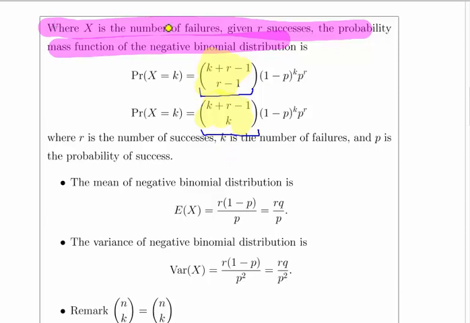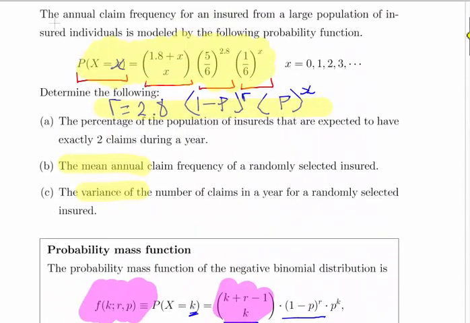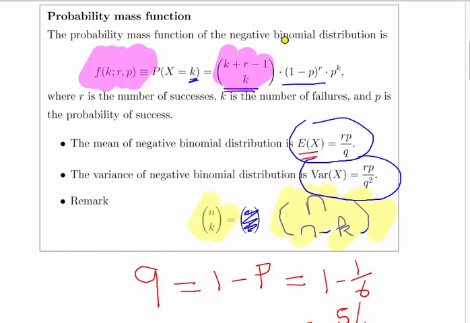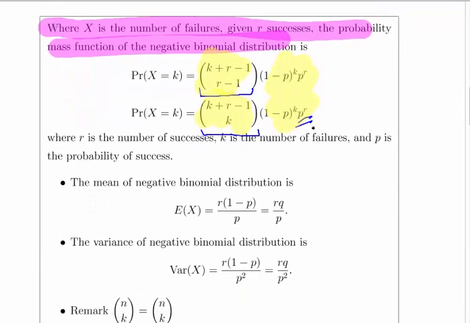So far so good. But what you might not pick up on is that here we have p to the power of r. This setup inverts what p and 1 minus p are, so that's different from this. In my setup we have 1 minus p to the power of r, but in another book it might be p to the power of r.